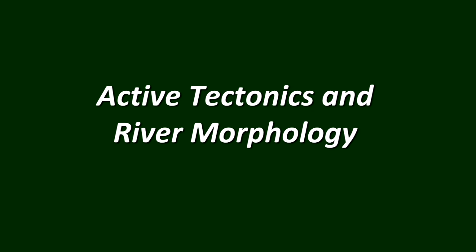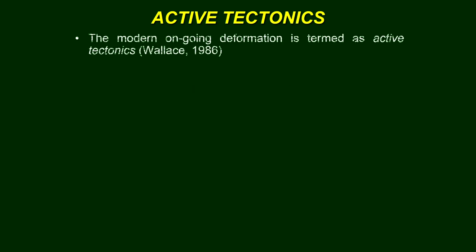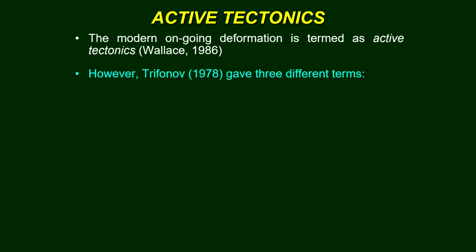Now, active tectonics and river morphology is again a very basic and important topic which we will discuss. Usually it has been seen that the modern ongoing deformation is termed active tectonics. However, three different terms have been used.